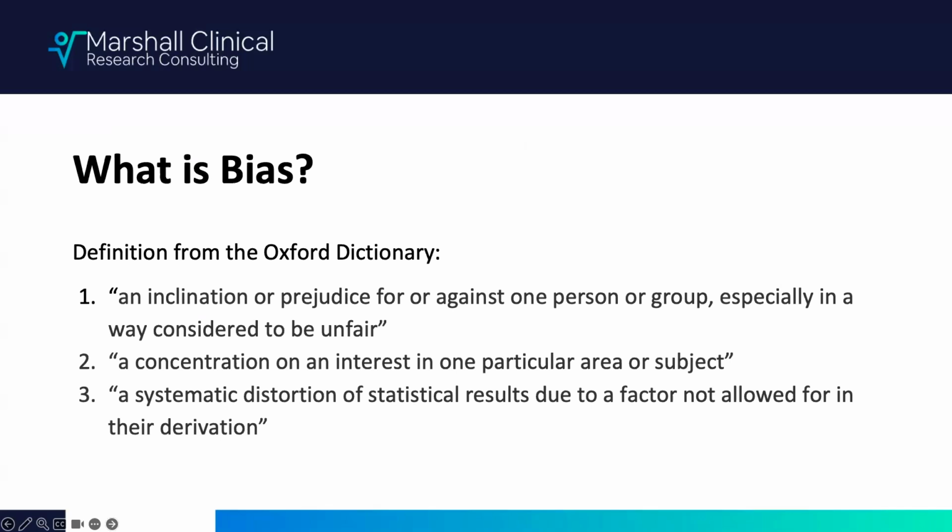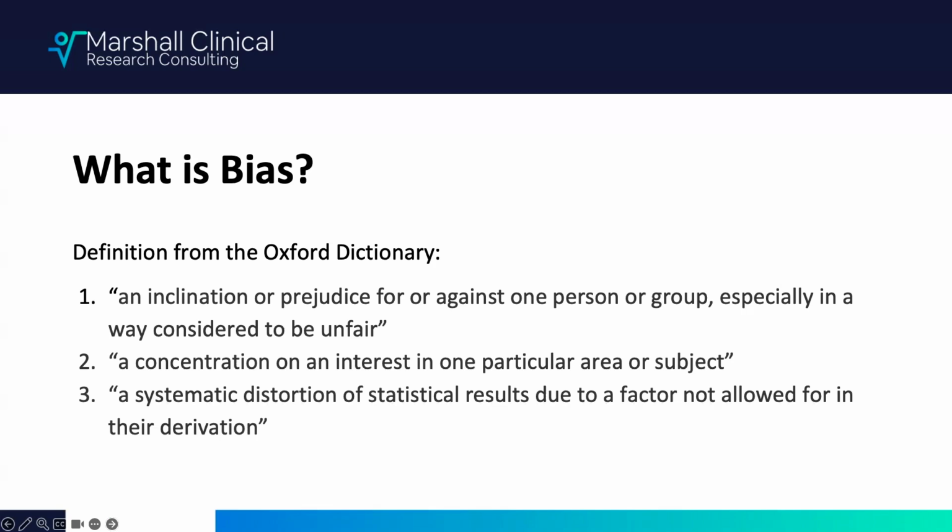The first one is inclination or prejudice against a particular person or group in a way considered to be unfair. So when we hear the word bias, colloquially, we most often think about unfair bias towards a group, or prejudice, which might be a synonym.